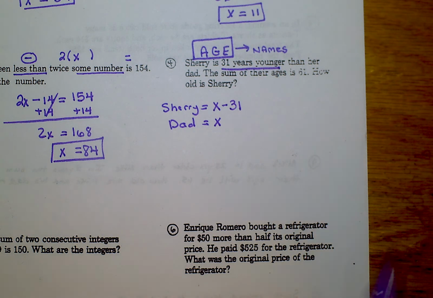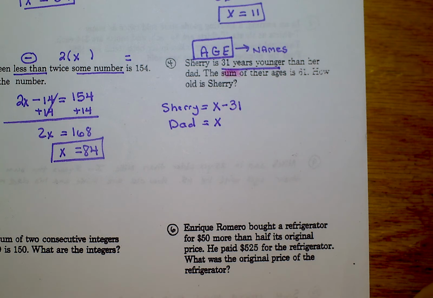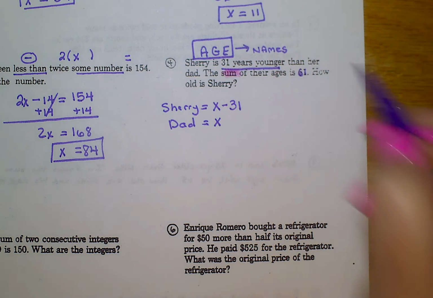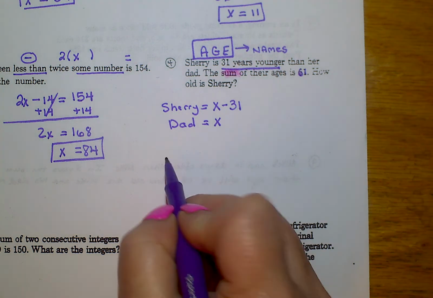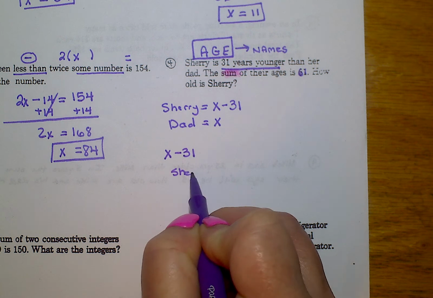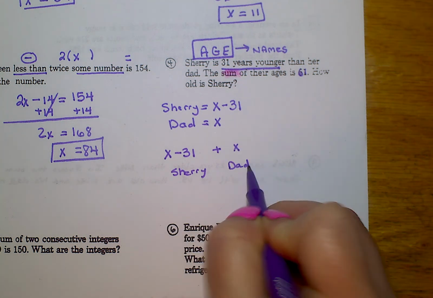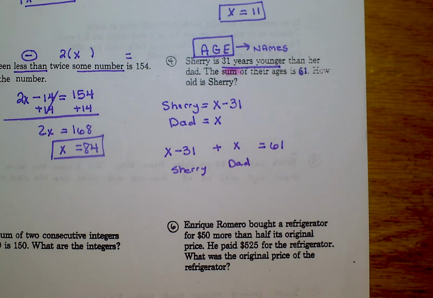Now it tells me that the sum of their ages, and if it didn't print out good, that's a 61. So the sum of their ages, so this is Sherry's age. I'm adding the dad's age, and it's supposed to equal 61.